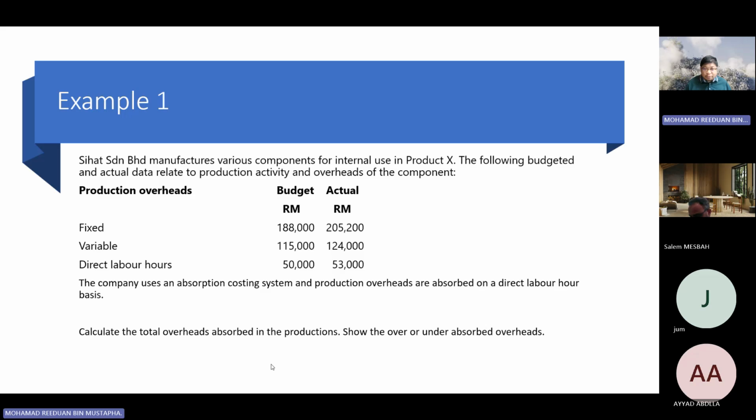If the question did not mention the basis, you need to use the direct labor hours. But now they already mention it. So calculate the total overhead absorption rate in the production, and show the over and under absorbed overheads.